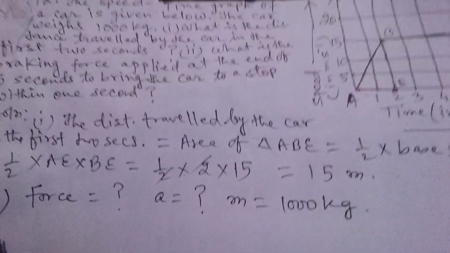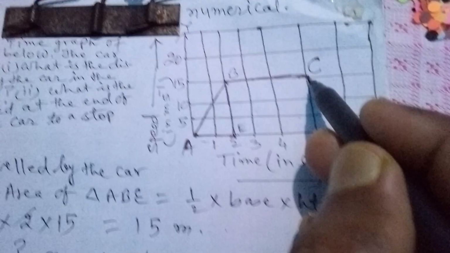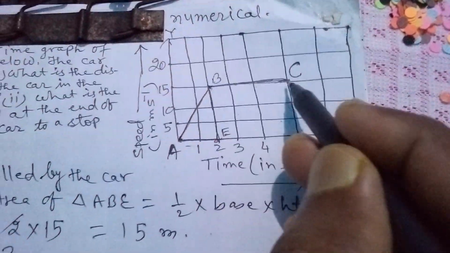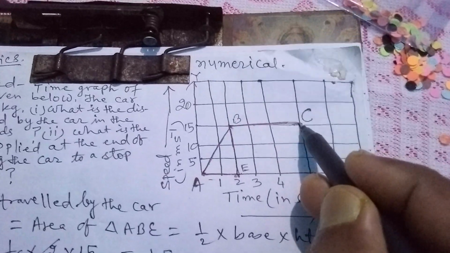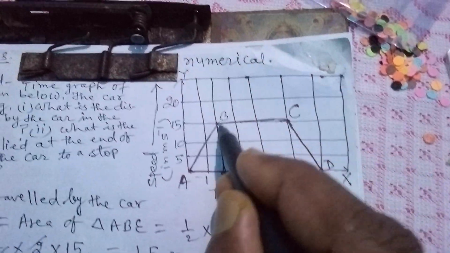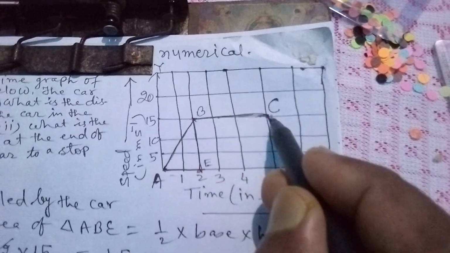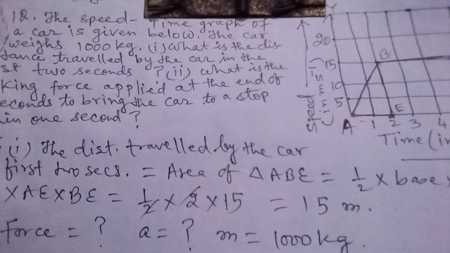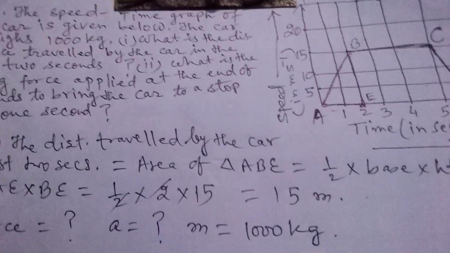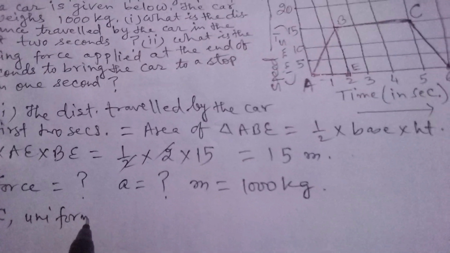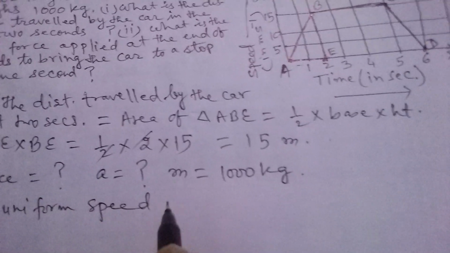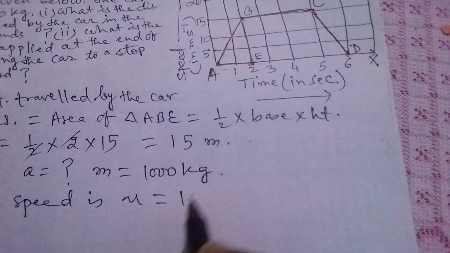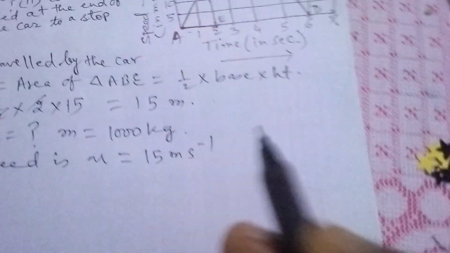Now, you know that here the object, in the fifth second, at the fifth second the body is at C, where it is moving at uniform speed. So at C, the uniform speed U is how much? 15 meter per second.